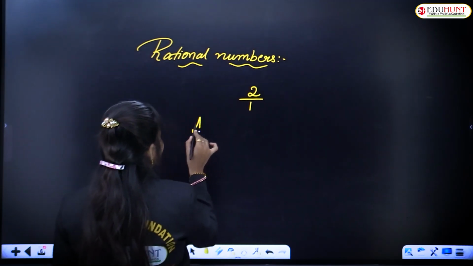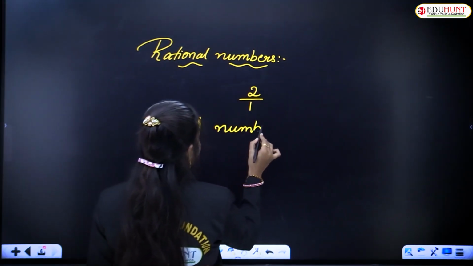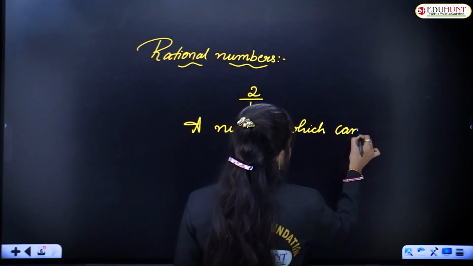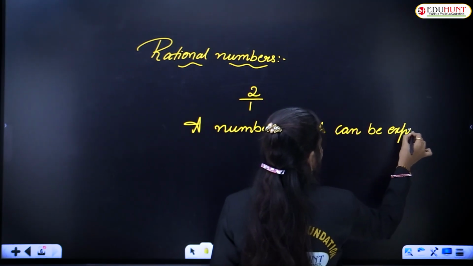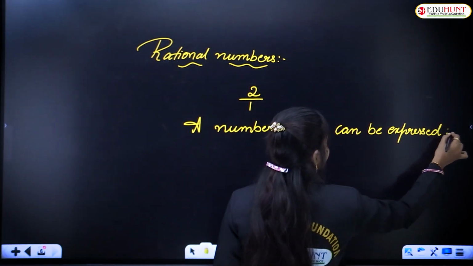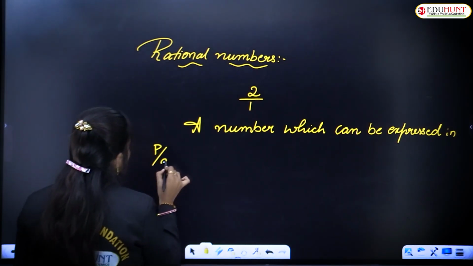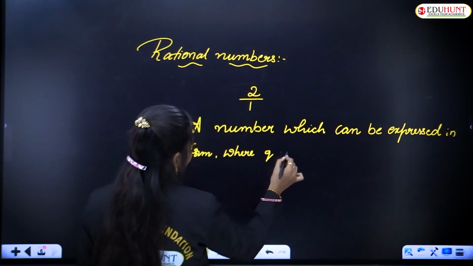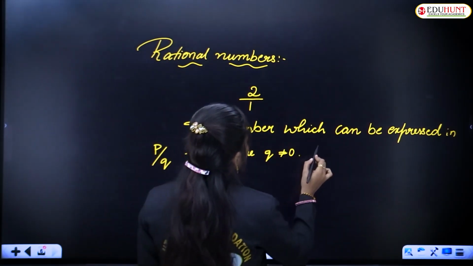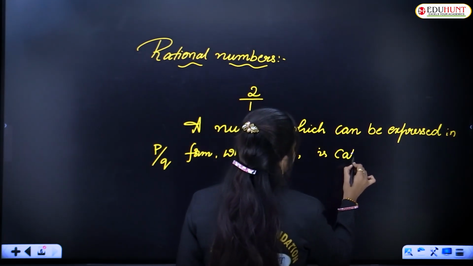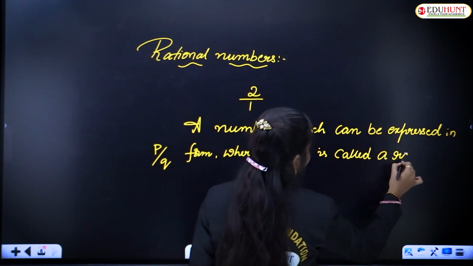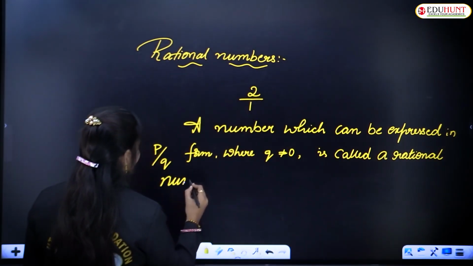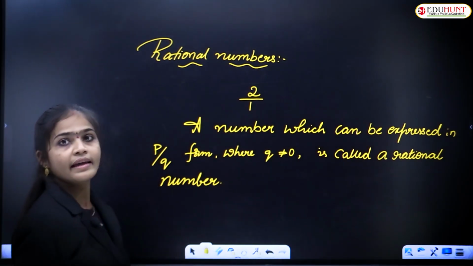So a number which can be expressed in p by q form, where q not equal to 0, is called a rational number.